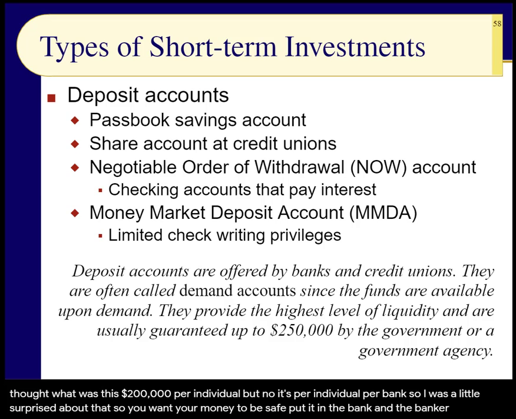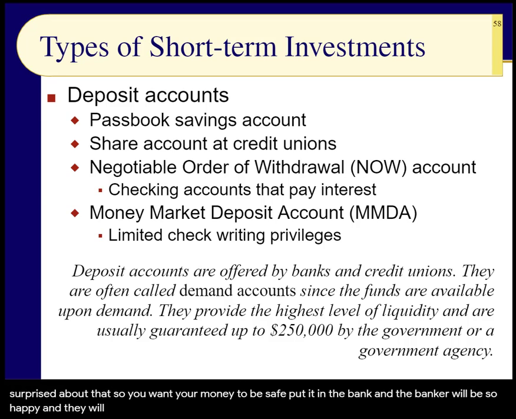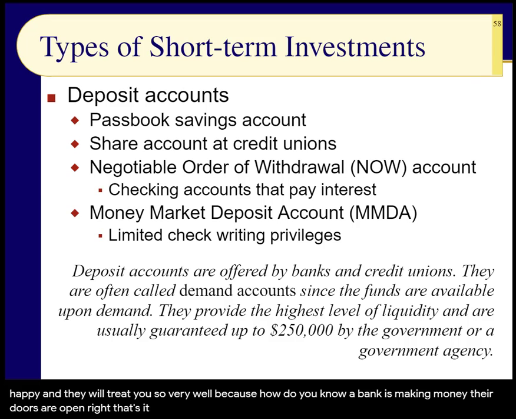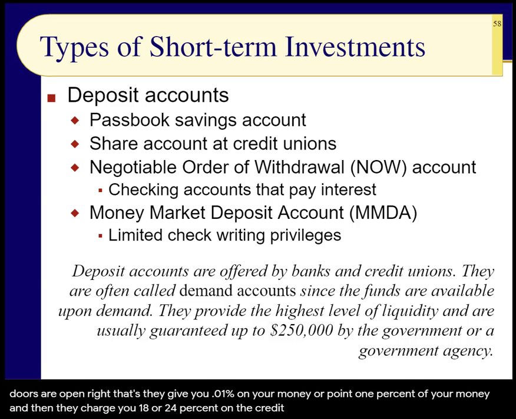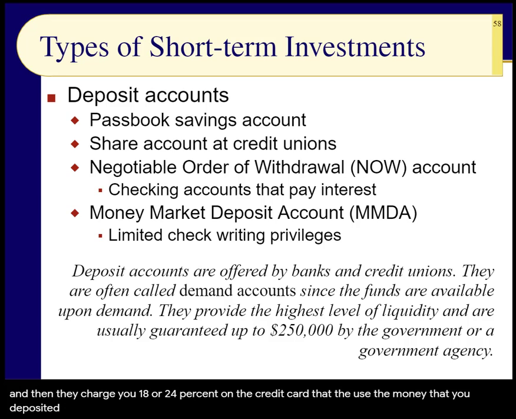and the banker will be so happy, and they will treat you so very well, because how do you know a bank is making money? Their doors are open, right? They give you 0.01% on your money or 0.1% on your money, and then they charge you 18 or 24% on the credit card that they use the money that you deposit in their savings account to pay.